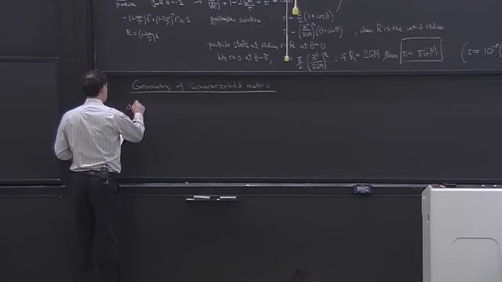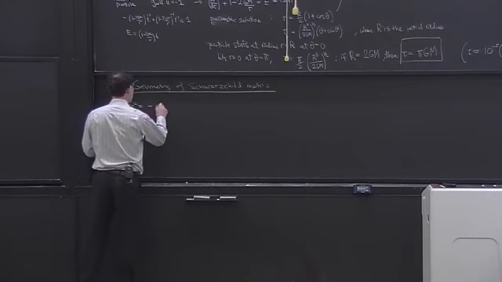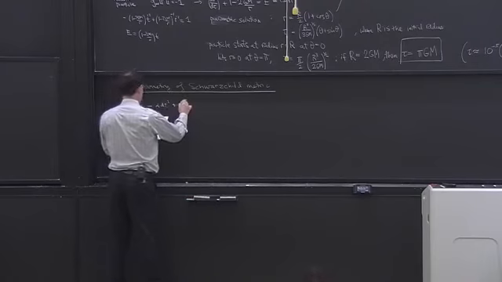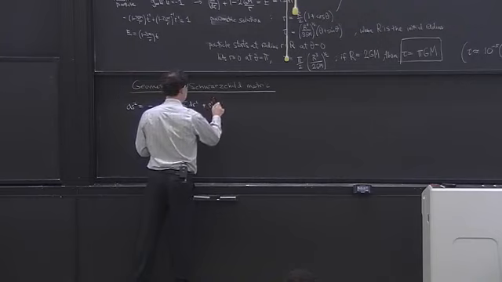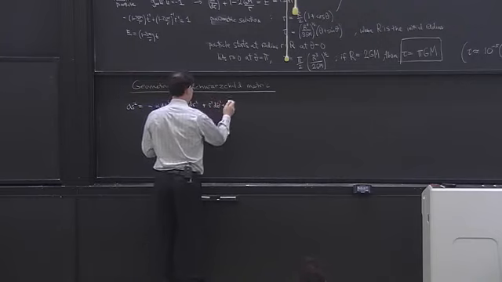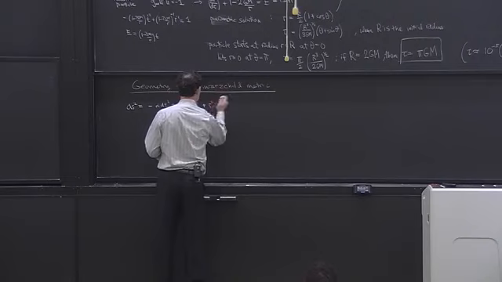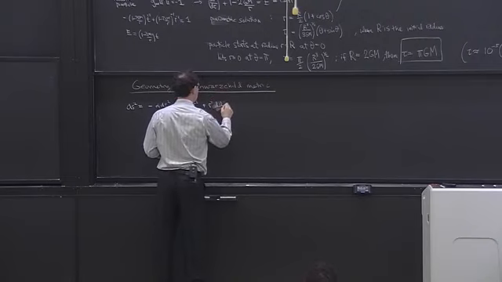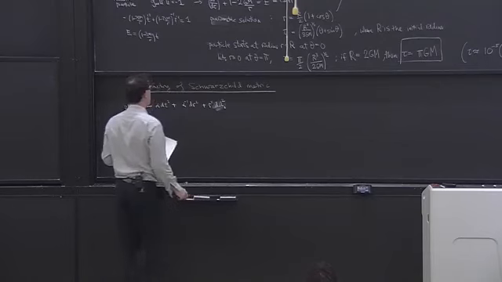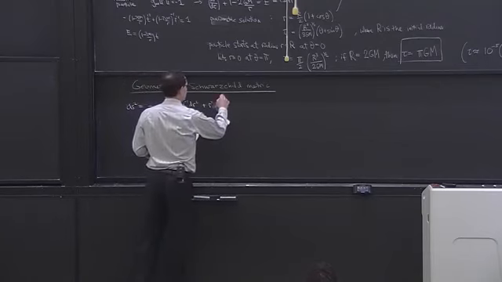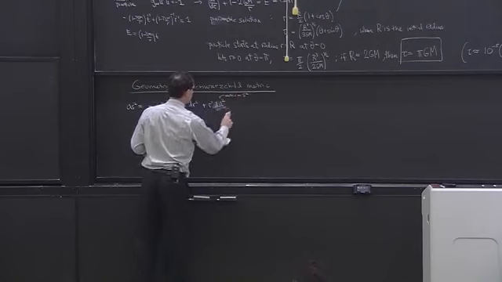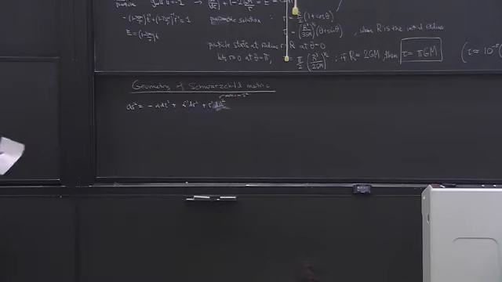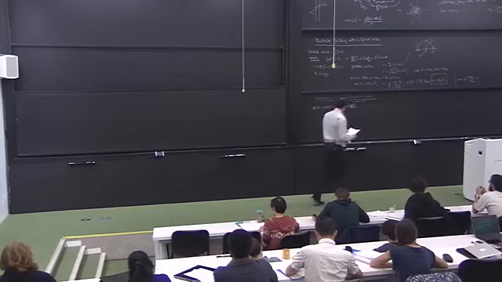So I'm going to write down the Schwarzschild metric, and this is my notation: alpha dt squared plus alpha inverse dr squared plus r squared d theta squared. Let me just write this angular part as d omega squared. That means the metric on a 2-sphere, d theta squared plus sine squared theta d phi squared.